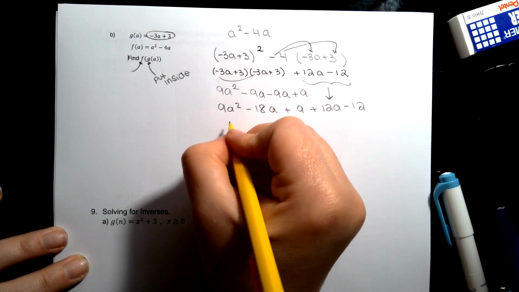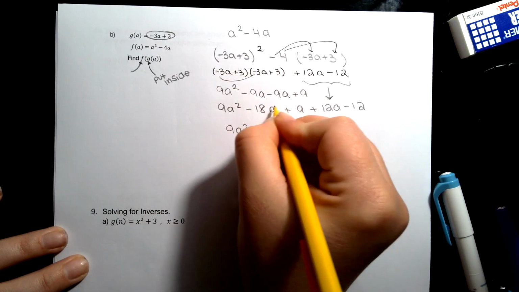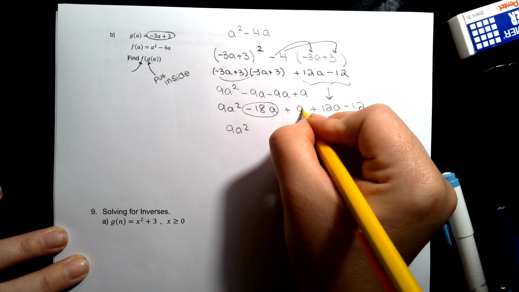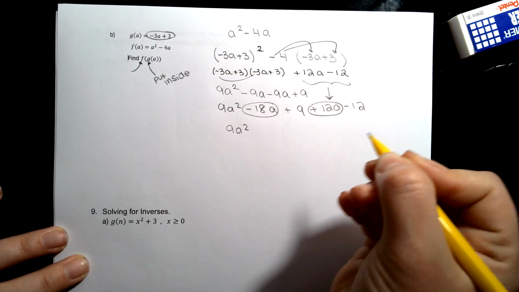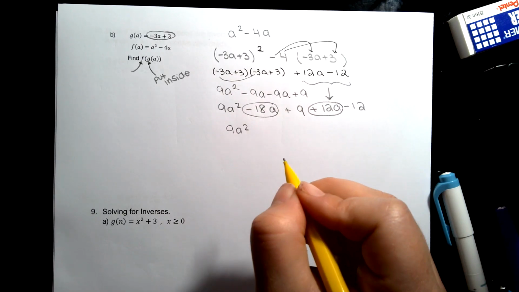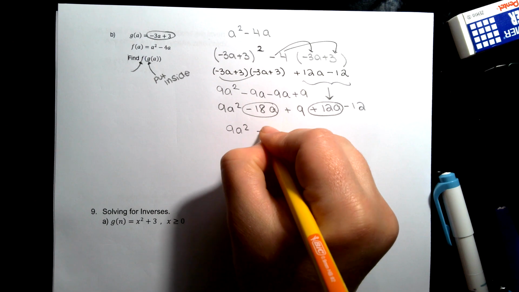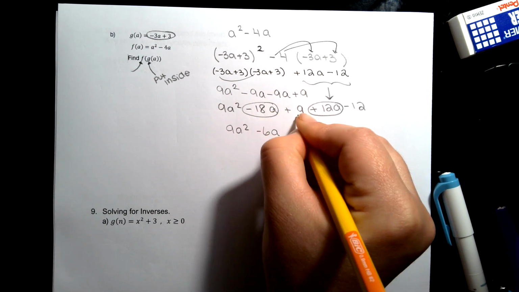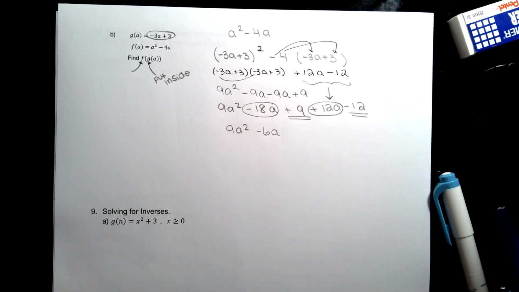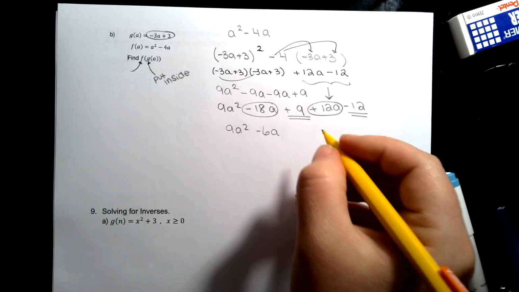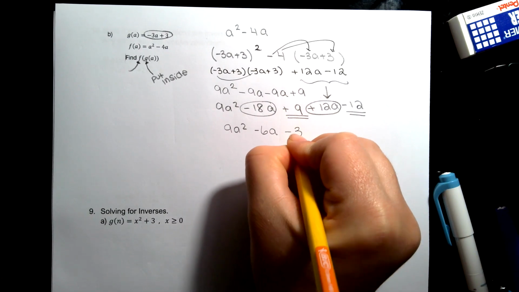Combining like terms, we get 9a squared. I get an a. Careful here with your a's and your 9s. We get negative 18 plus 12, which gives me a negative 6a. And we get positive 9, negative 12, and we get a negative 3.